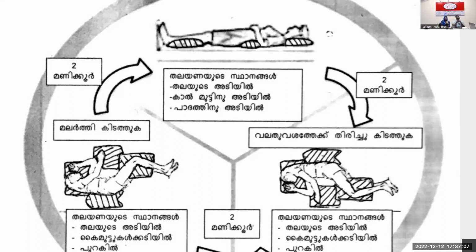We made one leaflet covering how often we need to change position, what comfortable devices we need to give for maintaining the position, and what we need to assess. Everything is presented as a diagrammatic representation in Malayalam. Like this leaflet, you also can prepare one and educate the caregiver. Next.